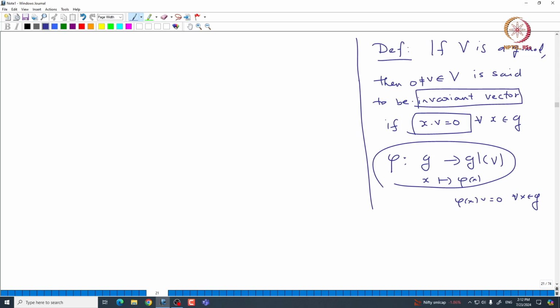Now, using this terminology, one can define what is called an invariant bilinear form. Here is the definition.